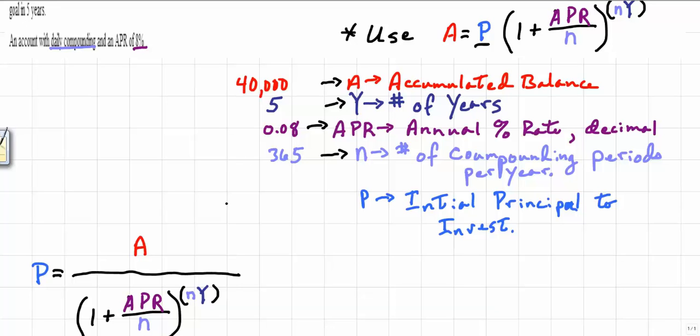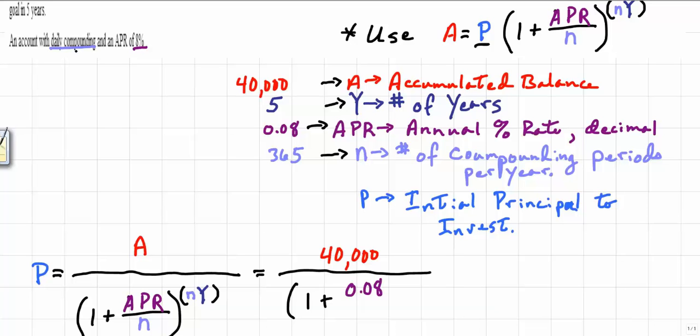And now I'm going to go ahead and substitute in the numbers that I need in order to solve this. We're going to put 40,000 in place of the A. Then we're going to divide by the entire expression that I have written underneath it, which is going to be 1 plus the APR, which as a decimal is 0.08.